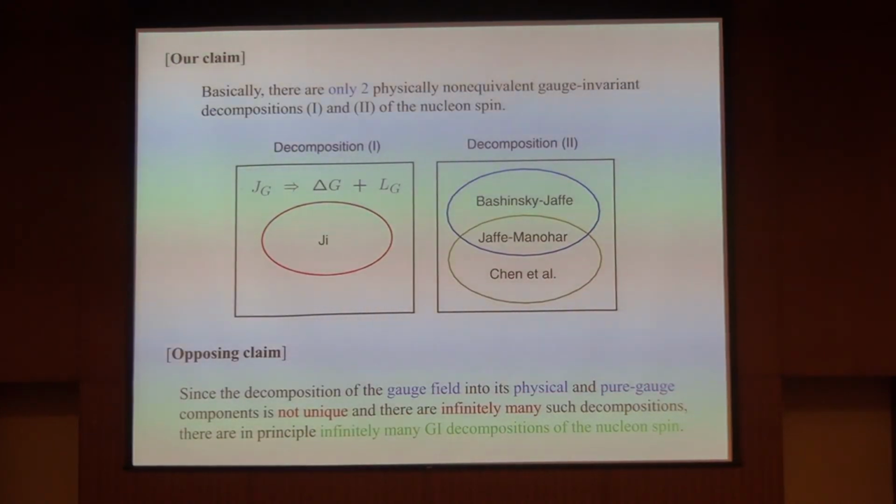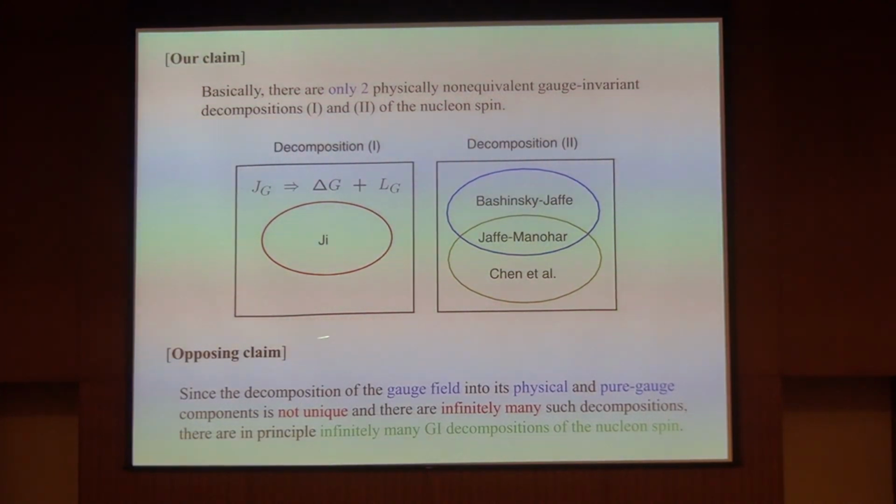And our claim is that basically there are only two physically non-equivalent gauge invariant decompositions, 1 and 2, of the nucleon spin. Decomposition 1 contains the Ji decomposition. Also, JG can be decomposed into two parts. And decomposition 2 contains three popular decompositions: Bashinsky-Jaffe, Chen, and Jaffe-Manohar.